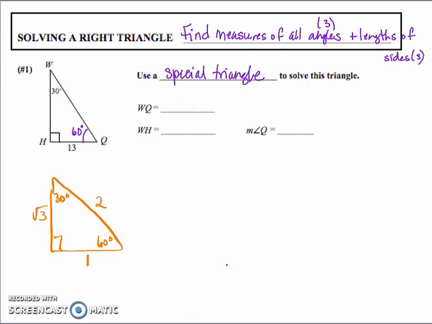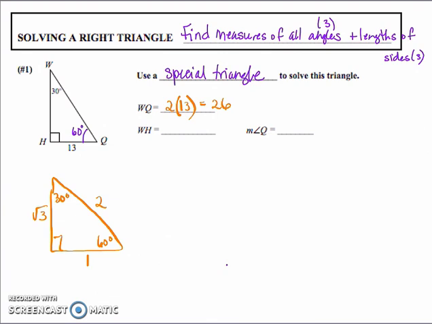Since the bottom of the triangle in the given picture is 13, and the bottom of the triangle in our special triangle is 1, that means that we are just multiplying all of our side lengths by a factor of 13. So if our hypotenuse is supposed to be 2, and we're multiplying by a factor of 13, the length of our hypotenuse in this triangle should be 2 times 13, or 26.